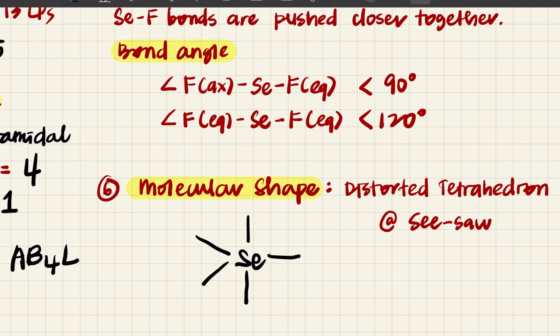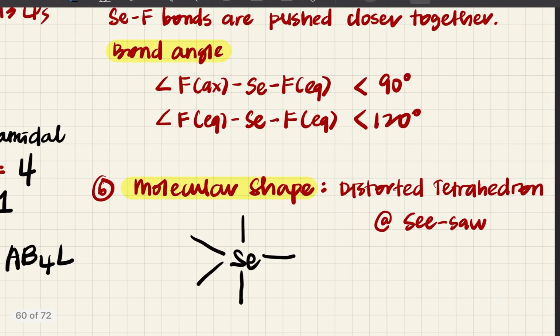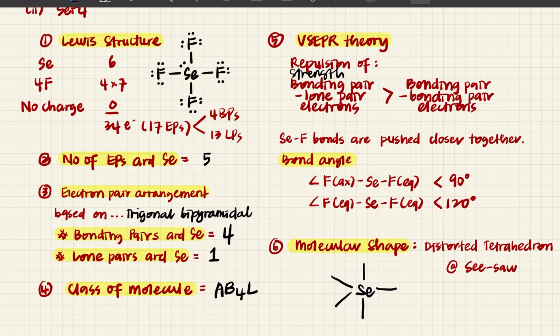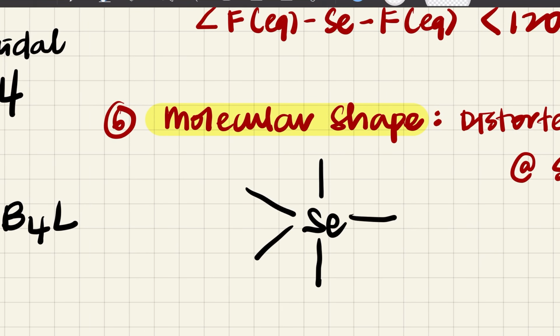You have 4 fluorines and 1 lone pair. Where does your lone pair sit? Your lone pair will sit at the equatorial position. Choose among these three. I will pick this one because it is easier to draw. I'm going to put my lone pair here. Now that I put my lone pair, I can put my fluorines.